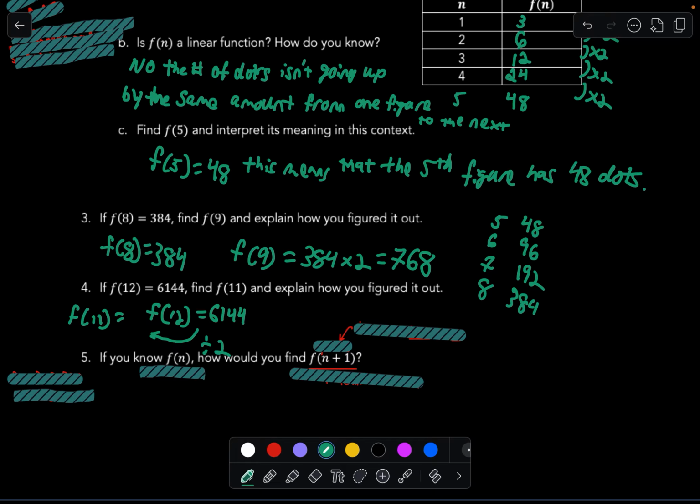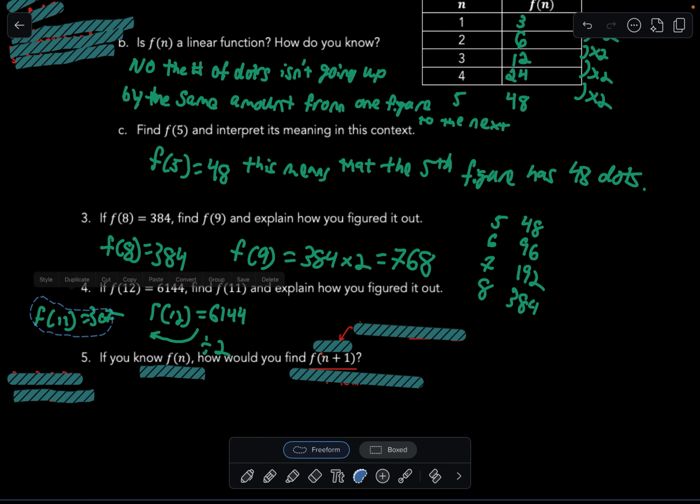And you end up with 3072. It's too tight. Sorry about that, kids. There we go. 3072. And how did I get that? I just took 6144 and divided by 2. Okay.